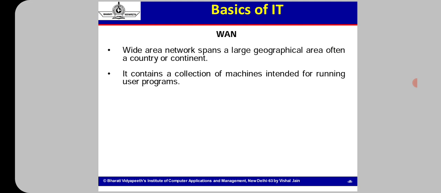The best example of a WAN is the internet. The internet uses WAN technologies, covers a large geographical area, and is generally used to connect countries or continents. WANs contain a collection of machines for running programs and applications.